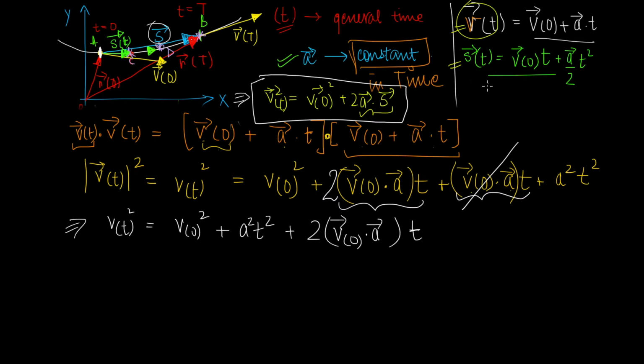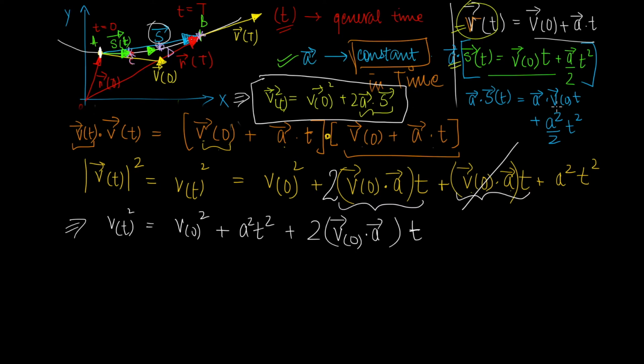So from this equation, if I take this equation and I dot it with a on both sides, I get a dotted with s of t, which happens to be a dotted with v of 0 times t, plus a dotted with a, which is a square, by 2, and that gives you t square. So you have an equation for a dot s, which is a dot v of 0 times time plus a square t square by 2. What can we do with that?